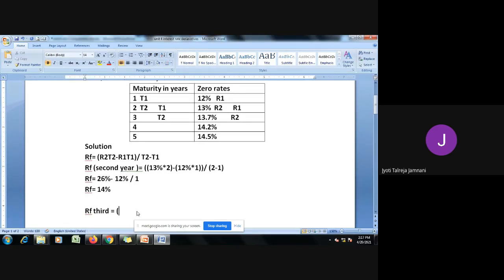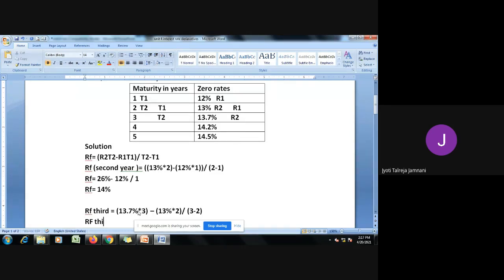Now let's put it in the formula. R2 is 13.7% into T2, the third year, minus R1, 13% into T1, the second year, the whole divided by T2, that is the third year, minus T1, that is the second year.